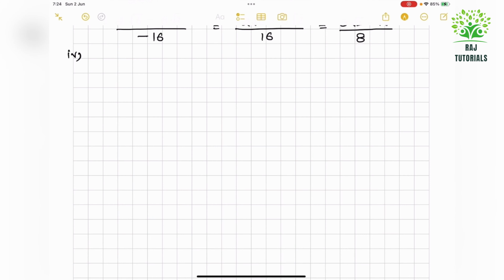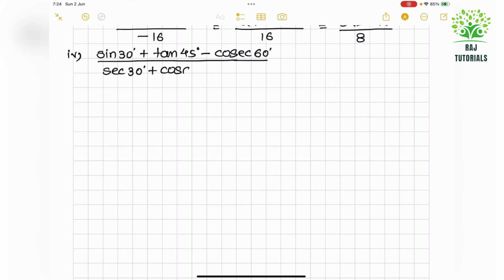Now fourth one says sin 30 plus tan 45 minus cosec 60 upon sec 30 plus cos 60 plus cot 45.